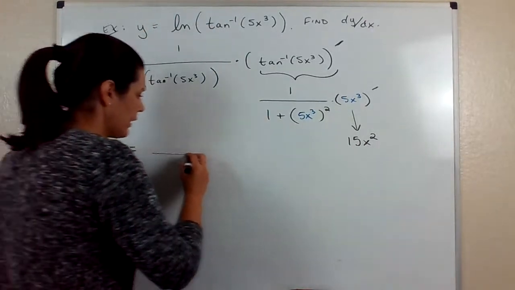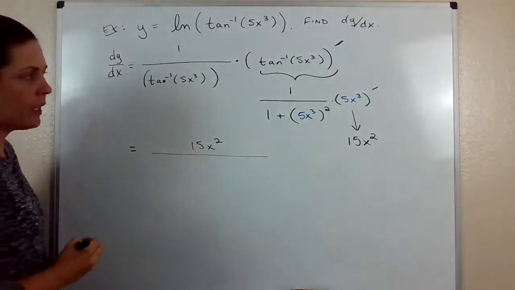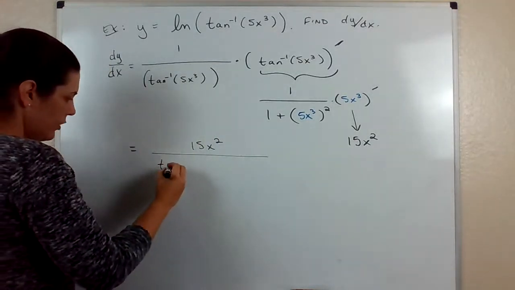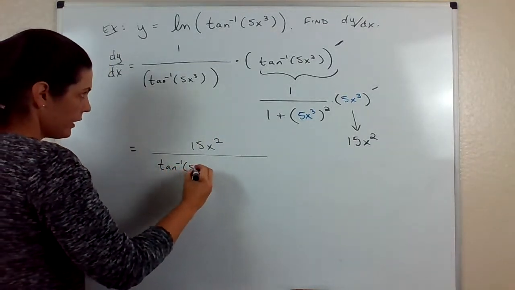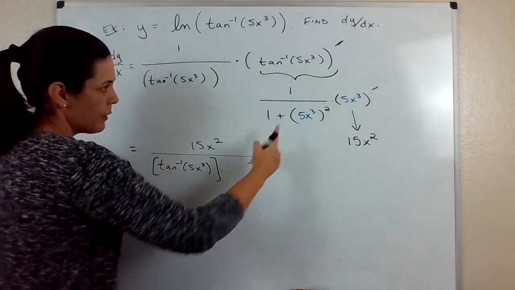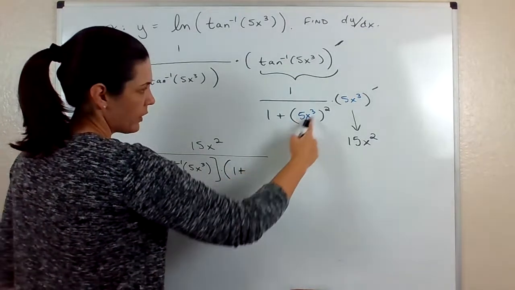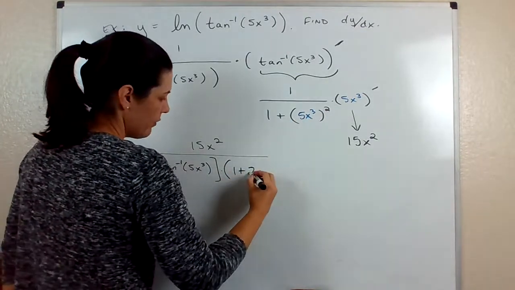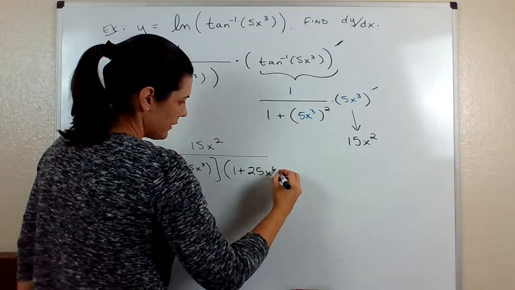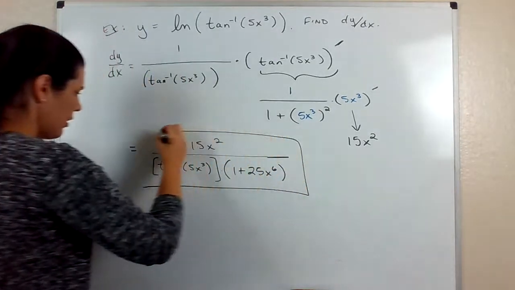So when I write my final answer, the 15x squared is on top. On bottom is the tangent inverse from the beginning of 5x cubed, and then times this denominator here, which is 1 plus, and I'm going to go ahead and square this, 25x to the 6th. And that is our derivative.